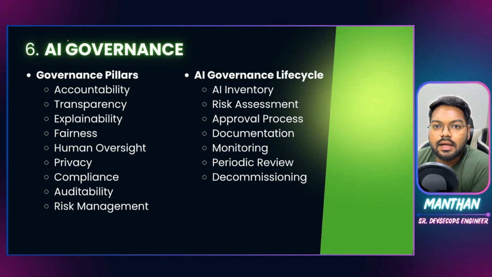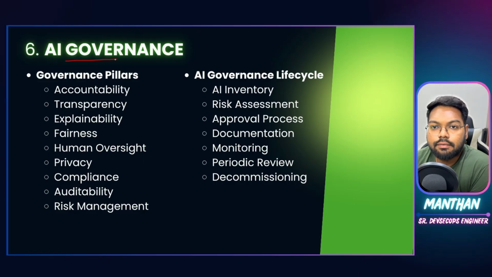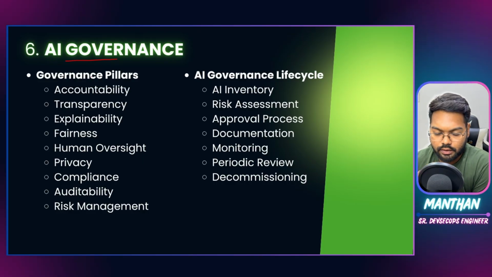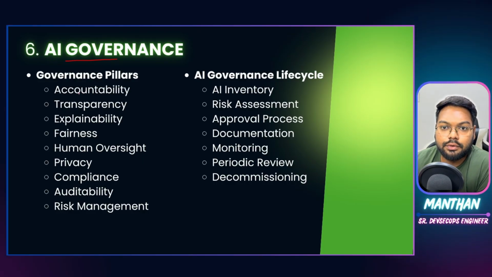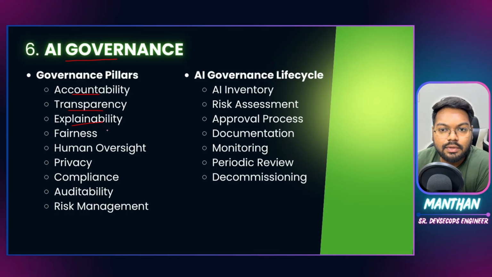The next topic is AI governance. There are different pillars on which you have to govern your models. It should be accountable. Transparency should be there, and it should explain how something is done. It should be fair. It should have human oversight and should not be left alone to do anything on its own.